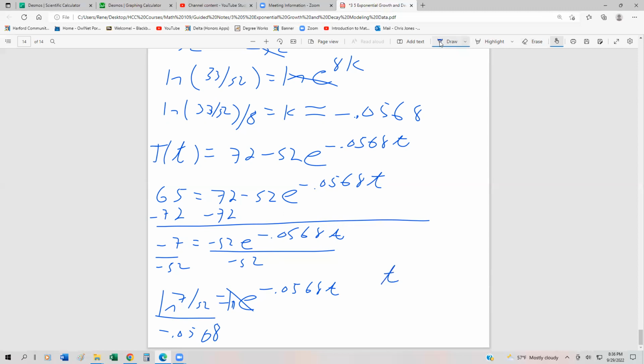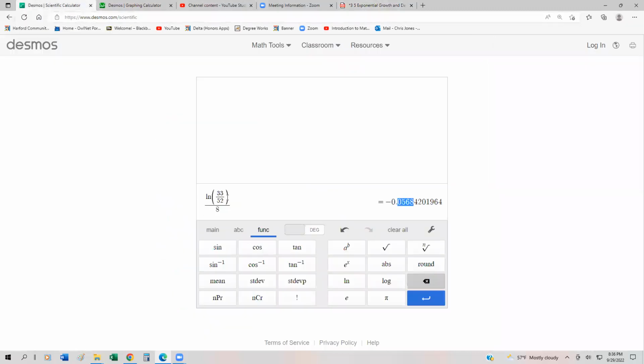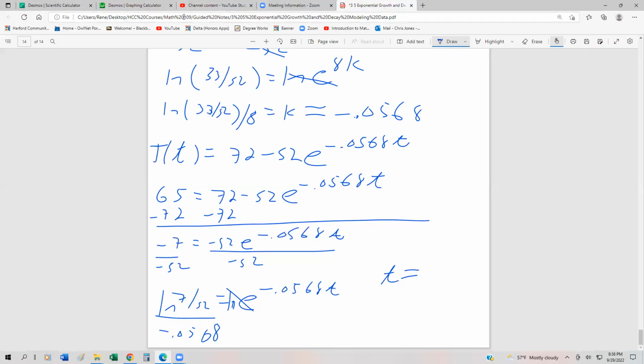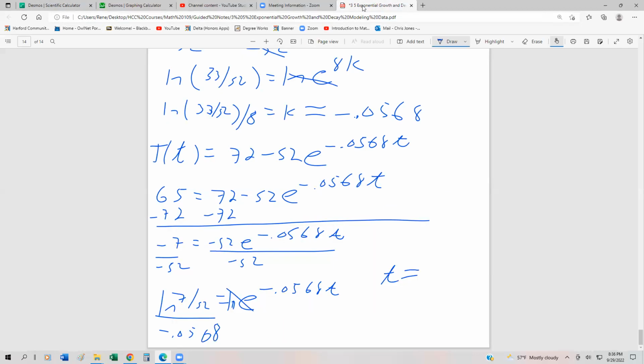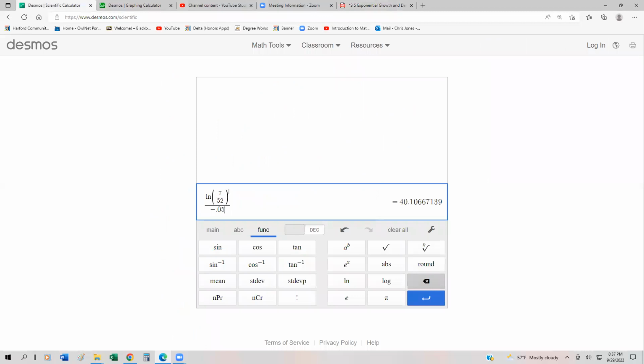So t is going to be approximately ln of 7 over 52, divided by the negative 0.0568. And it looks like it's going to be 35.31 minutes.